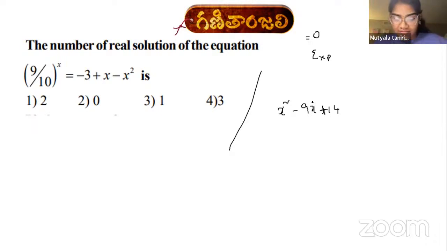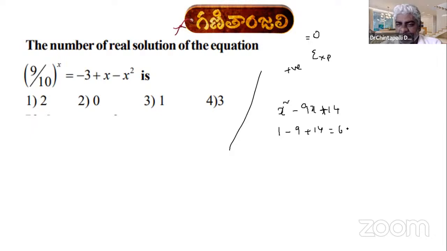Give an example. x is 1: 1 minus 9 plus 14, that is 15 minus 9, 6. It is positive, and positive means greater than 0. So the expression is positive for x is equal to 1.